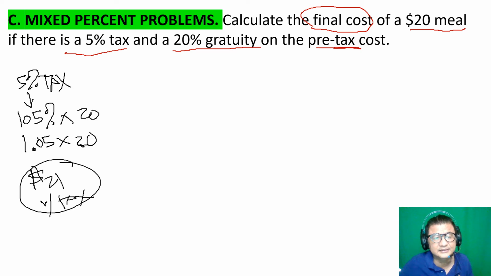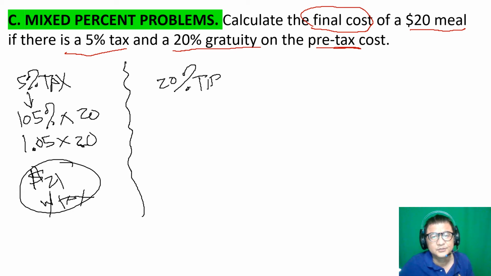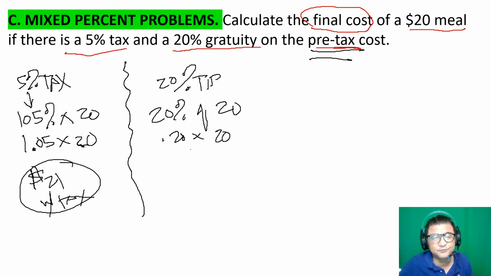Now, for the second part, you will also pay a 20% gratuity tip. But it should be pre-tax. Pre-tax means before you got the tax. So, I'm not using 21 because 21 already has a tax. So, I'm going to get 20% of the $20. So, that's 0.20 times 20. You're going to get $4. So, this is the tip.